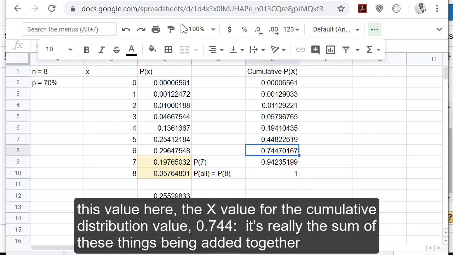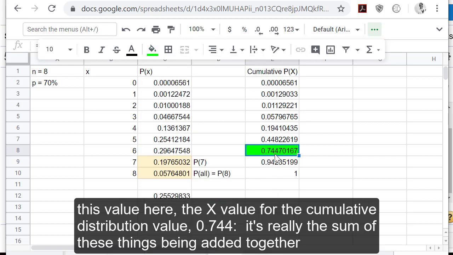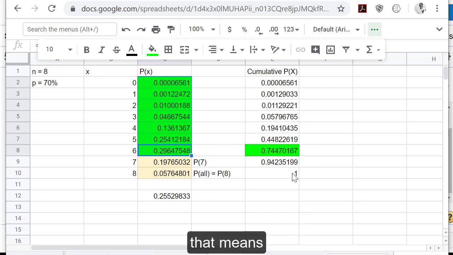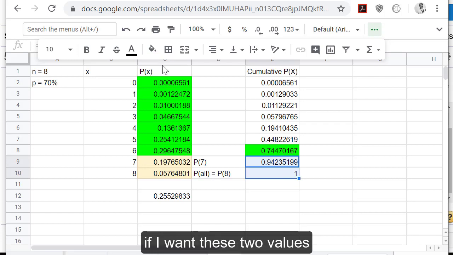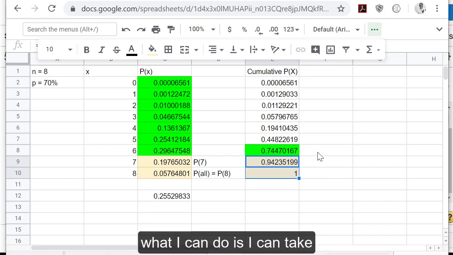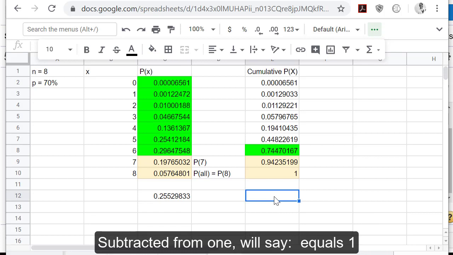This cumulative distribution value, 0.744, is really the sum of these things being added together. So those two are the same. That means if I want these two values, what they were asking for, what I can do is take this value, which is all these numbers added up together, and subtract it from 1.